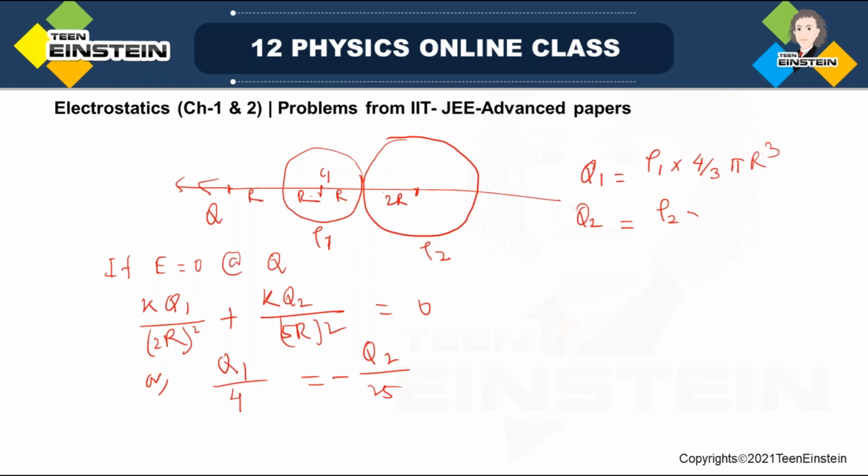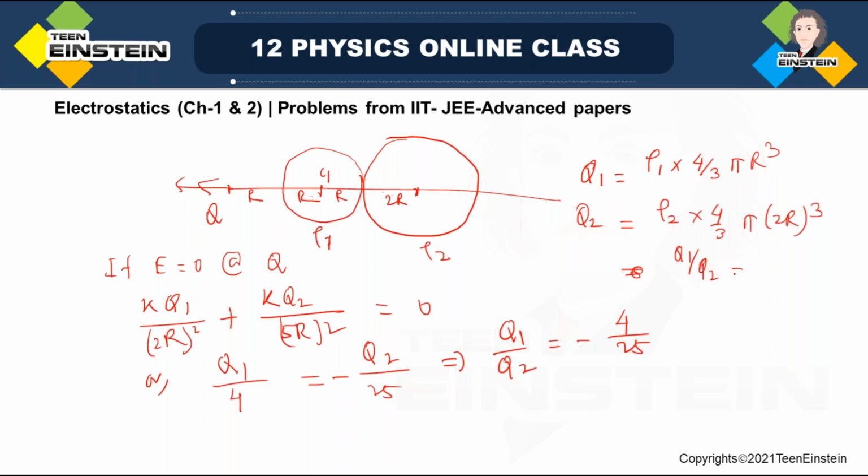Q2 is rho 2 into 4 by 3 pi 2r cube. Anyway, we have to find out rho 1 by rho 2. So Q1 by Q2 is equal to minus 4 by 25. What is Q1 by Q2? We can just take the ratio over here.